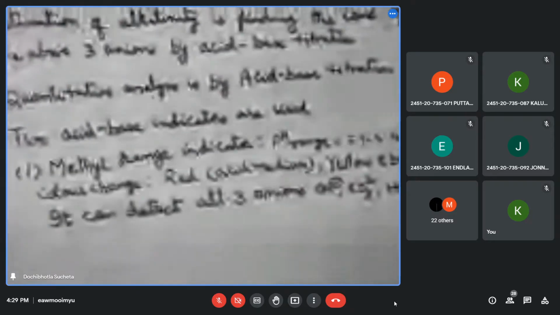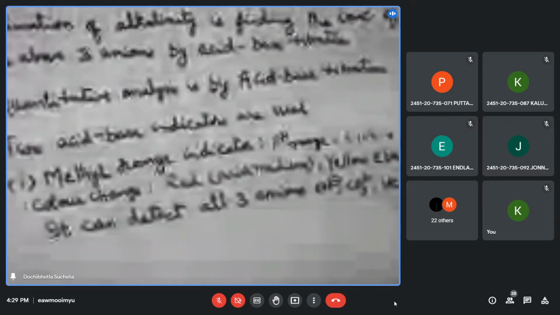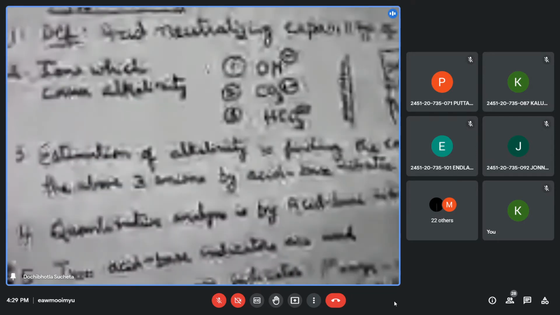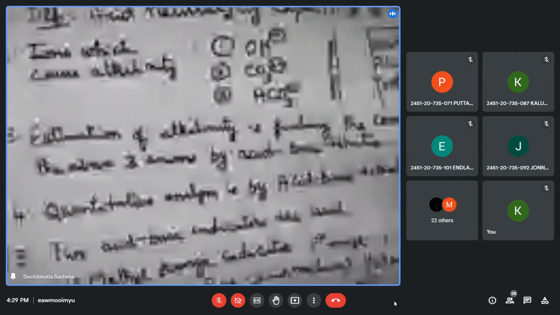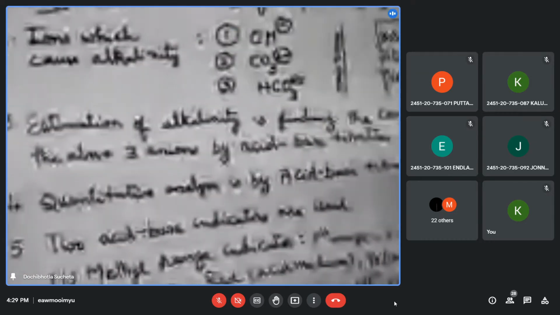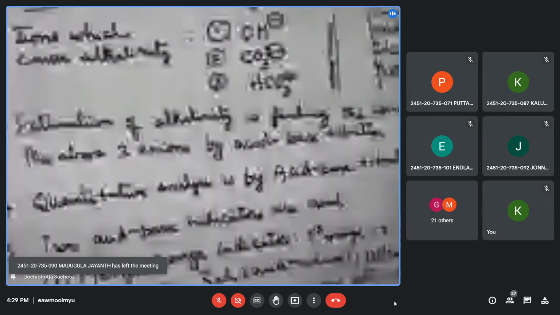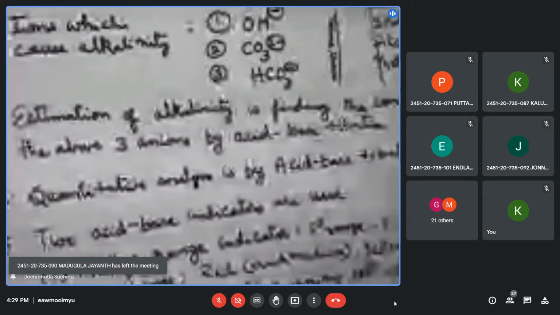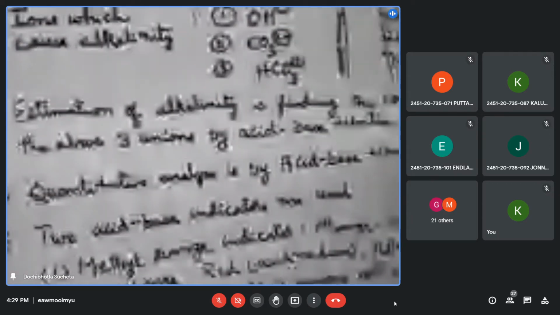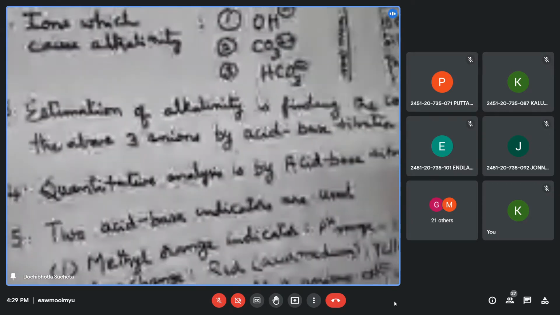In the chapter alkalinity estimation, what is alkalinity? It is the acid neutralizing capability of water. If I'm finding the alkalinity of the test sample, then I'm finding the concentration of OH minus, carbonate and bicarbonate anions, which cause alkalinity of water.